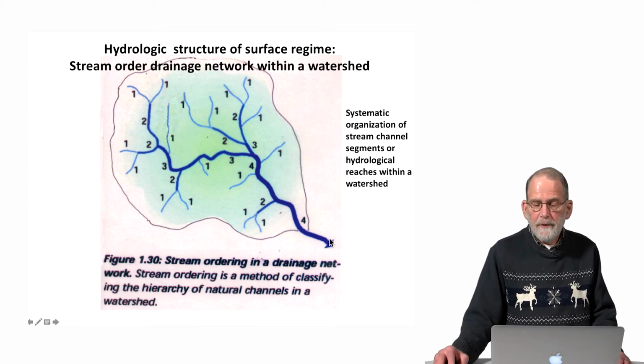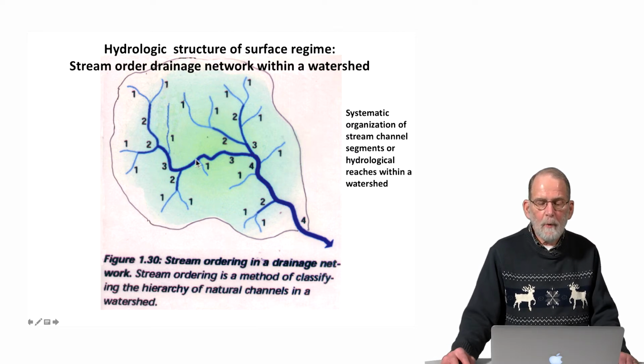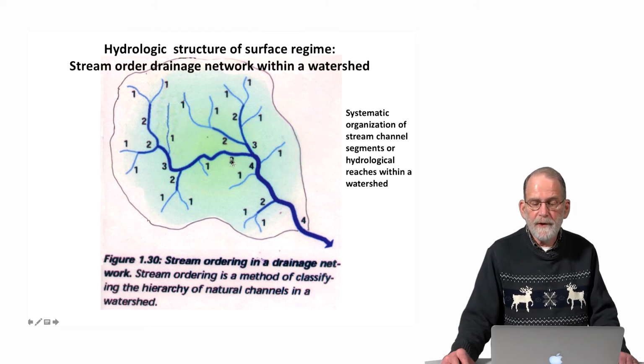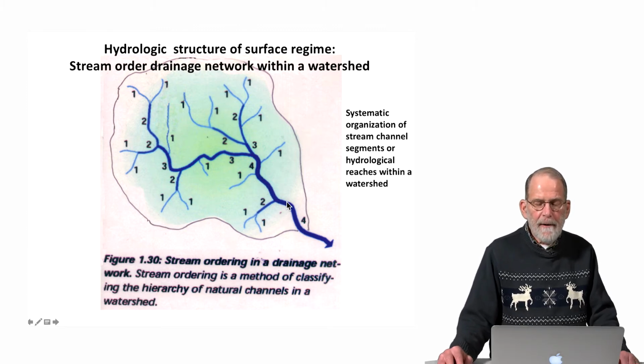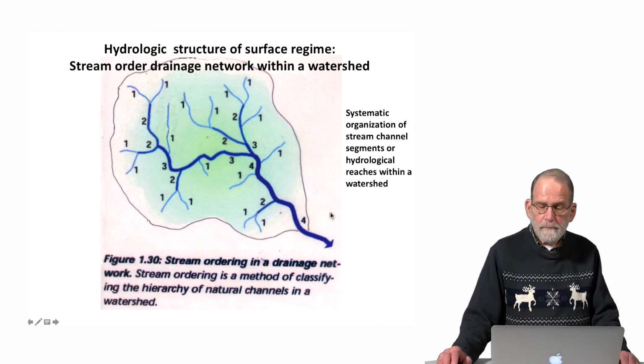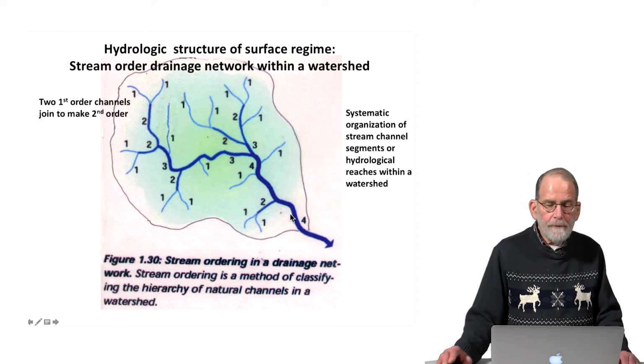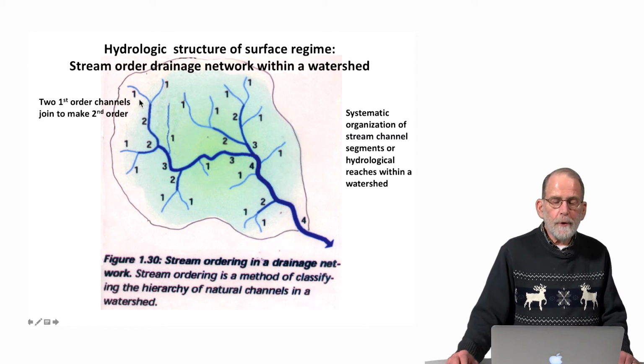So we can talk about the channels that flow in the watershed, whether they be the main channel, the heavy blue line that you see that I'm pointing to here, versus these lighter lines, which are upland streams that feed the collection and conveyance channels.